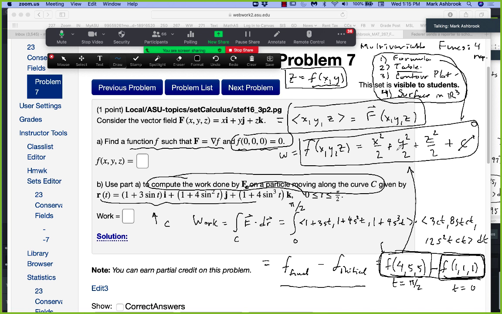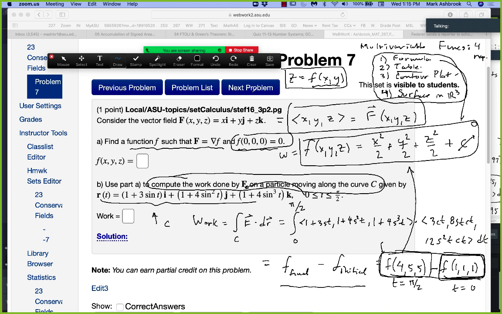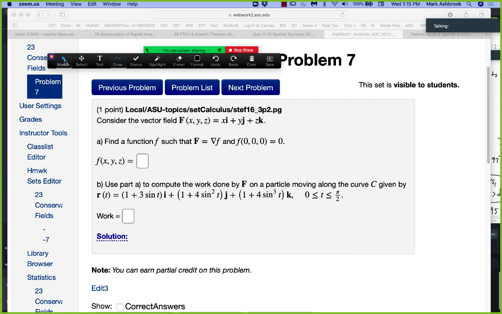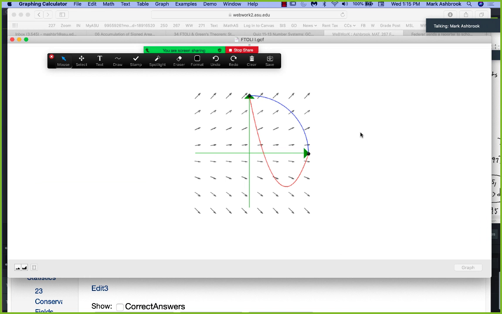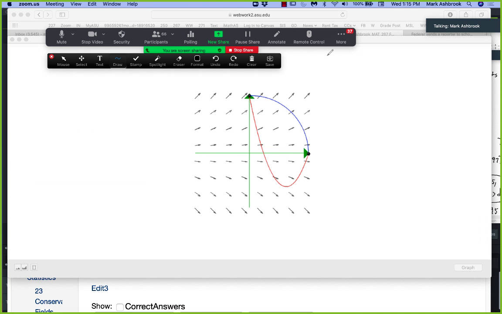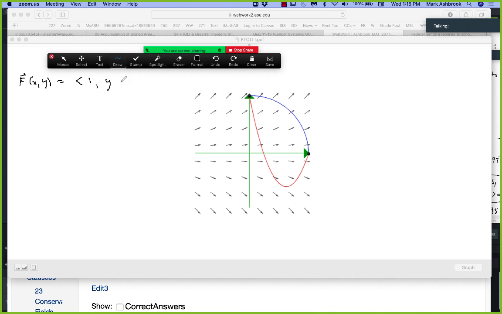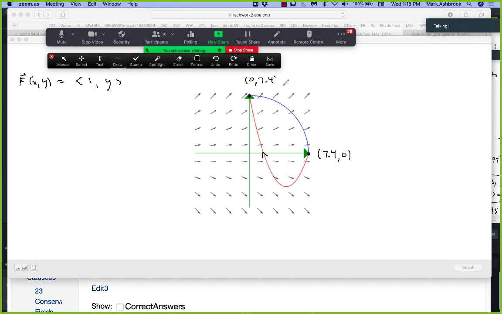All right, well let's do another example of this, and then we'll summarize and we'll move on. So here is a couple paths through the vector field, and this is the vector field. I'm going to call this path starting here from 7.4 comma 0 to 0 comma 7.4.